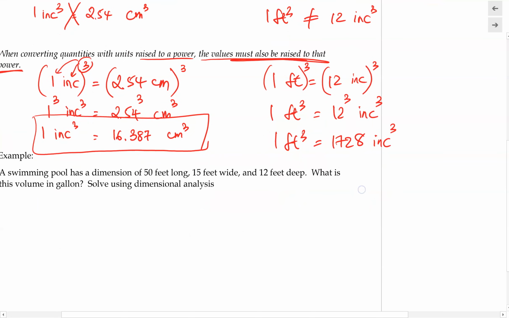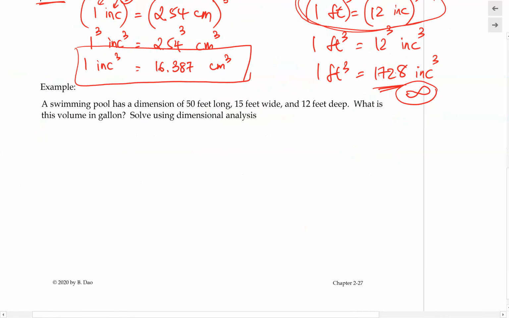Okay, and this value right here is known to have an infinite amount of significant figures, because it comes from this definition. So this value is also an exact value, since it derives from the definition.